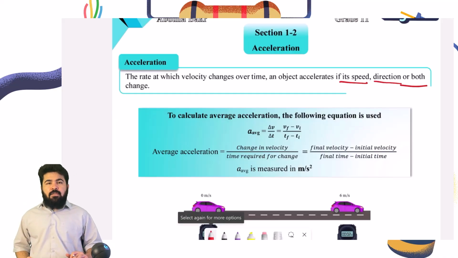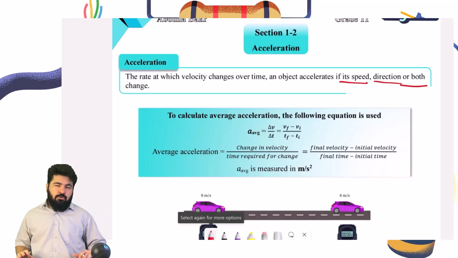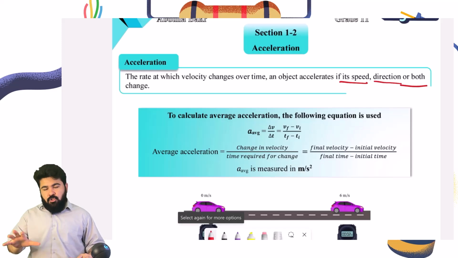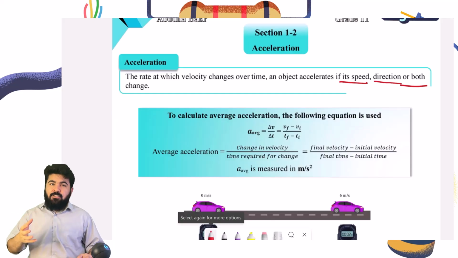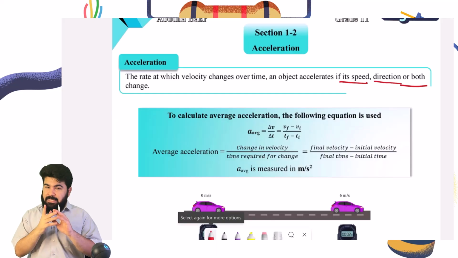Let me give you another example. Let's say you suddenly see a traffic jam, or a red light, and you have to brake. You slow down the car, let's say from 80 kilometers per hour to 30, to 20, and then to 10. Did you slow down the car? Yes. Did you change the velocity? Yes. So did acceleration happen? Yes.